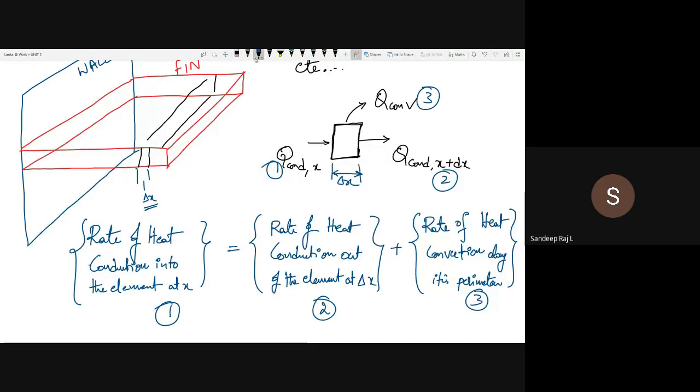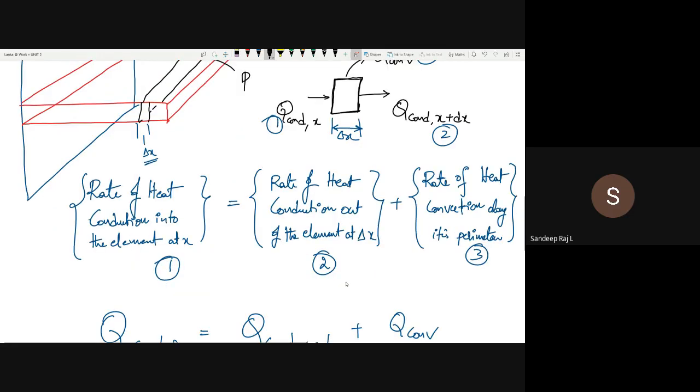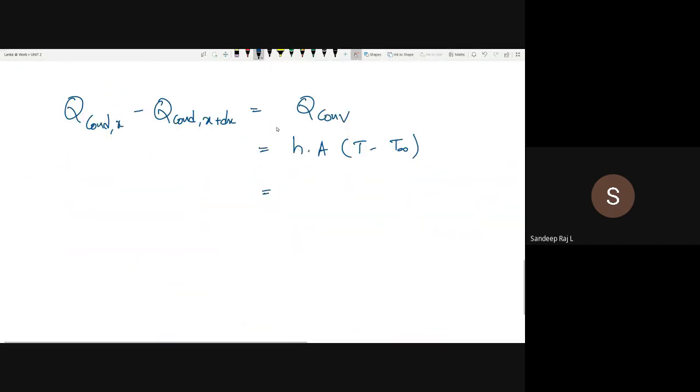This is nothing but your perimeter. So the area will be P into delta x. So h into P into delta x into T minus T infinity you will get. That's how you are getting the Q convection side.